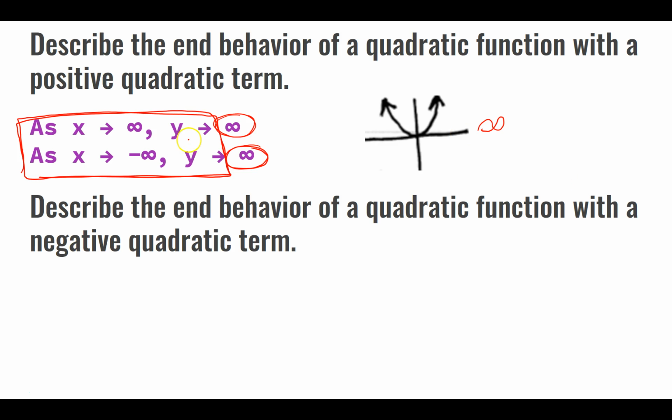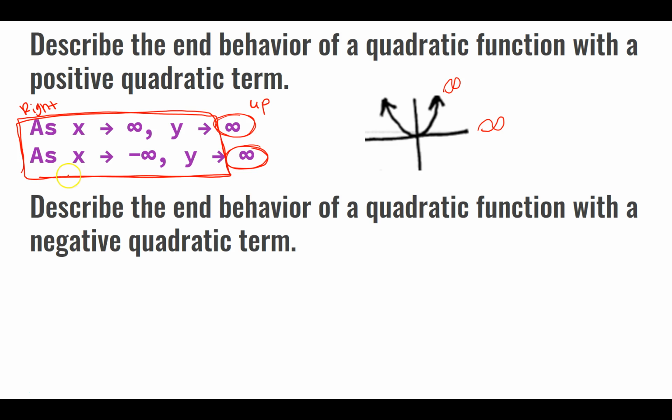My y's are also, excuse me, getting bigger. Okay? So this is saying as x approaches positive infinity, so as we move to the right, my y's, they're also getting bigger. So my y's are going up to positive infinity.